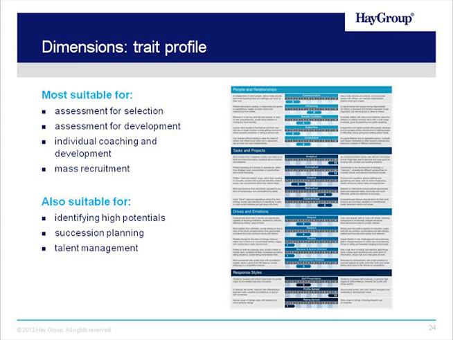Just to start with the trait profile, this is the output that measures an individual's personality in terms of how they prefer to work with other people, how they prefer to conduct tasks and projects, and also how they manage their emotions and their drives. Those are three main domains that it's measuring here.